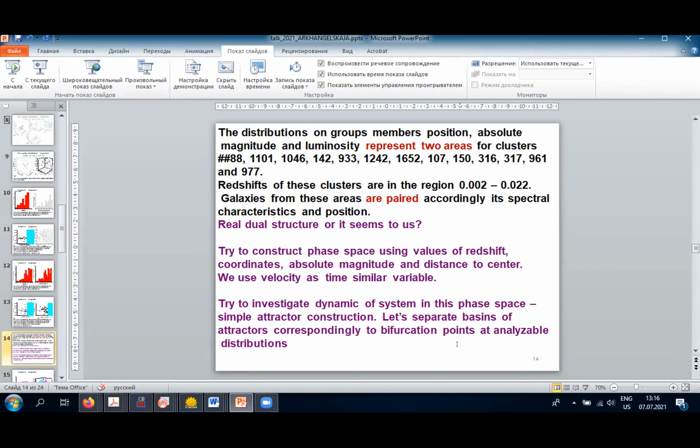Let's try to use velocity as a time-like variable. Then we try to investigate the dynamics of the system in such a phase space. We try to construct simple attractors, separating the basins of attractors according to the bifurcation points which we found on previous slides.